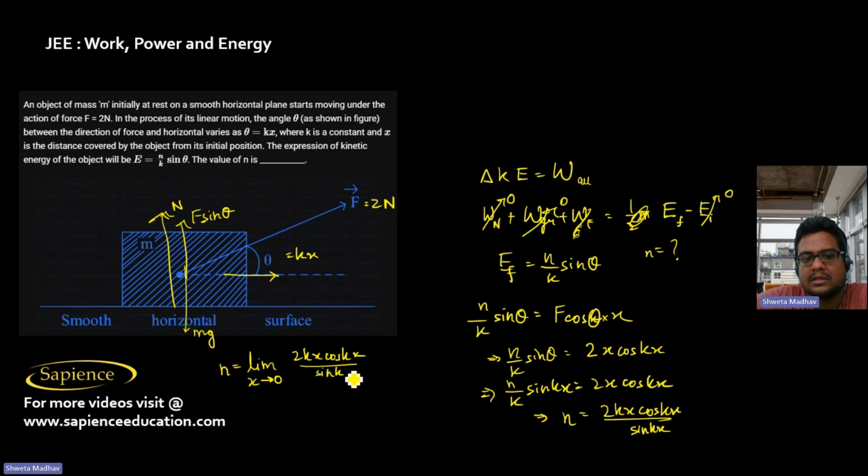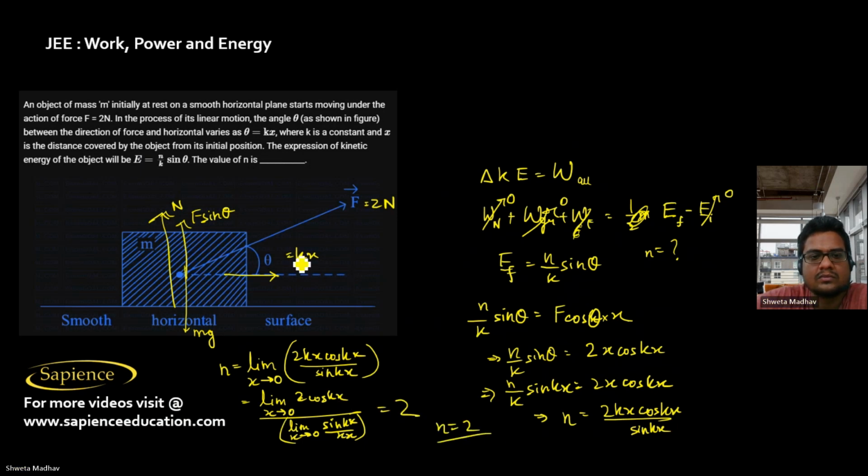We can apply the limit when x tends to 0. So this will be the limit of 2 cos kx divided by the limit of sine kx by kx. This will become 1 and this will also be 1. So it will be 2. So n will be equal to 2. So the value of n is 2.